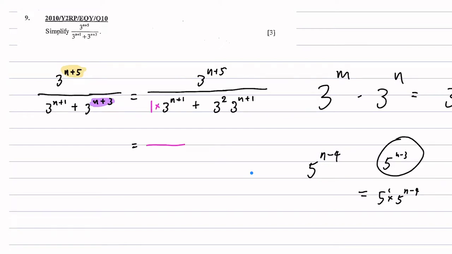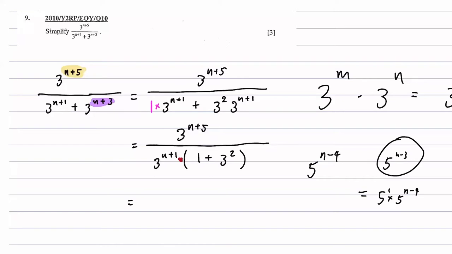Then notice that you can factor out something at the denominator. What is the common factor? 3 power n plus 1. Good. Then you get 1 plus 3 squared over 3 power n plus 5 on top. Then anything to cancel?